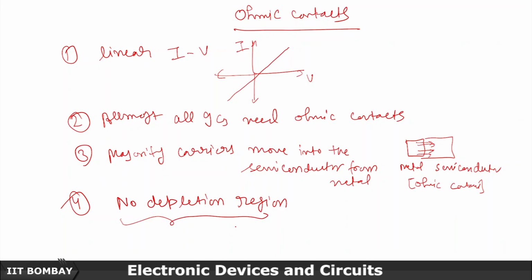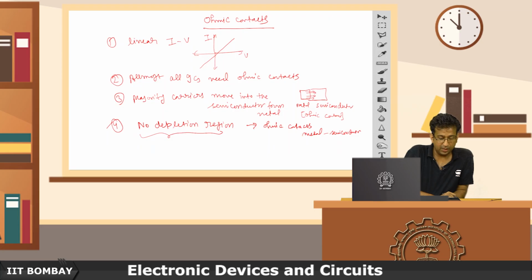When you fuse together the metal and semiconductor, at equilibrium their Fermi energy levels align, so there will be no depletion region in the case of ohmic contacts between metal and semiconductors. This is important. If you are shown an energy band diagram, you can quickly tell whether it is an ohmic or non-ohmic contact depending on whether there is a depletion region.